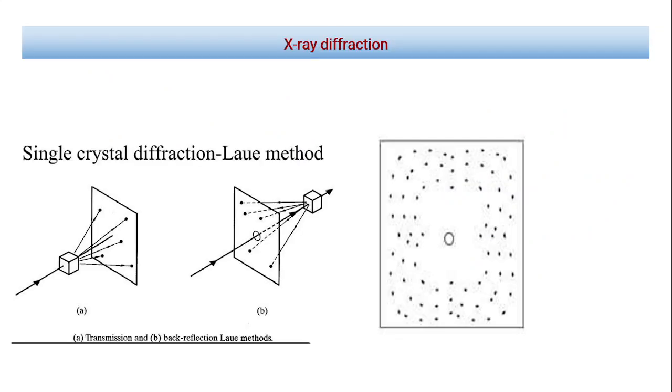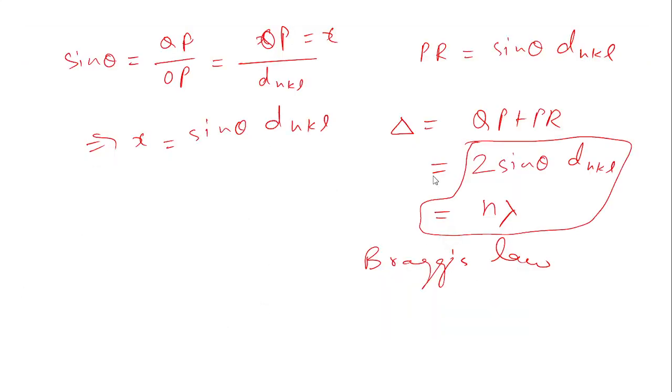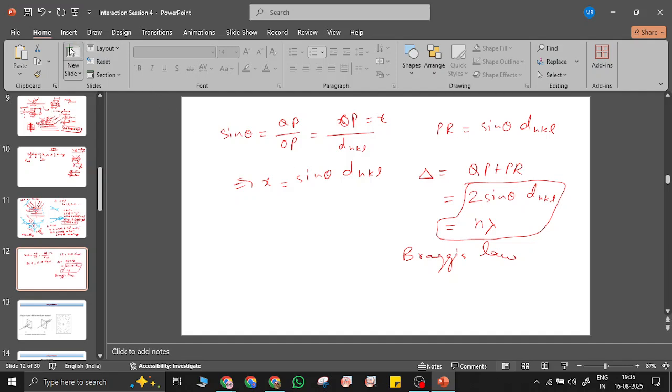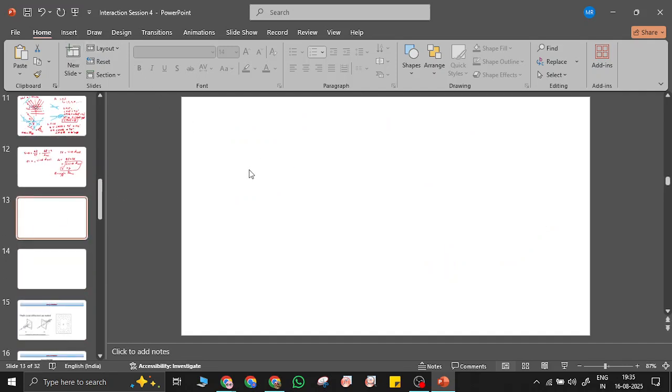And now we'll move on to what kind of different techniques or working methods of X-rays there are to find out about these. One more thing before this: we talked about how we produce X-rays, and we saw that we get K alpha, K beta, or maybe L alpha, L beta also.